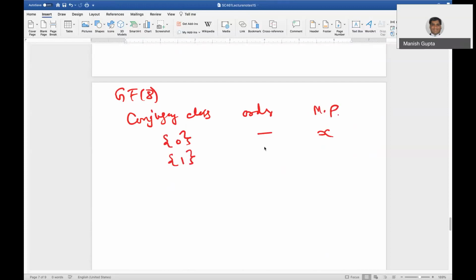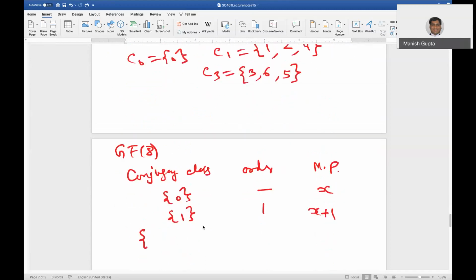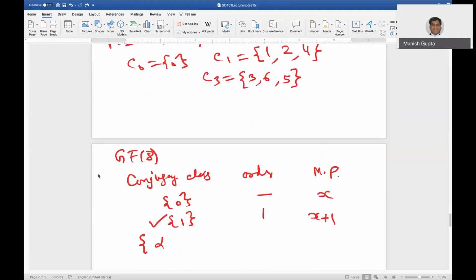For 1, we have x plus 1. Now you see the powers here: 1, 2, 4. So for 0, we got this one, alpha raised to power 0. Here, alpha raised to power 1, alpha square, alpha raised to power 4.